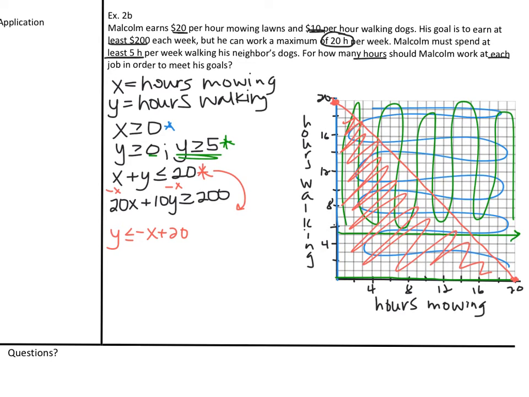So the ultimate deciding factor is going to be that last inequality: 20x plus 10y is greater than or equal to 200. I'm going to subtract 20x to the other side and write that down below. 10y is greater than or equal to negative 20x plus 200. To get y by itself, we'll divide both sides by 10, and that's y is greater than or equal to negative 2x plus 20.